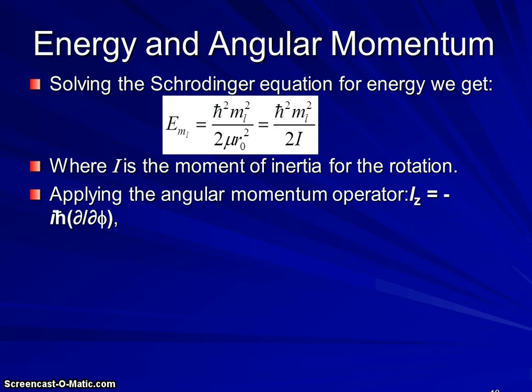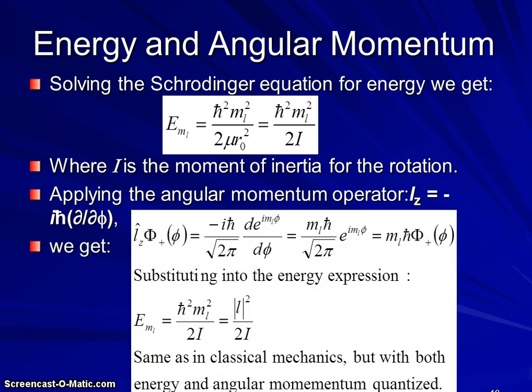If we apply the angular momentum operator, which is negative i h bar d d phi, and I'll show you what we mean here, we pull out the normalization constant, we take the derivative here, so the derivative of e to the i m phi is e to the i m phi times i m, and we've already got negative i out here, so now our setup is m sub L times h bar times e to the i m sub L phi, and that gives us m sub L times h bar times the original function.